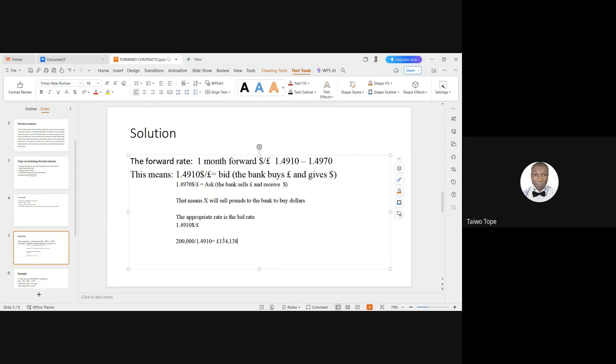So using 1.4910, X will need to pay 134,138 pounds. This is the amount X will pay in 1 month under the forward contract.